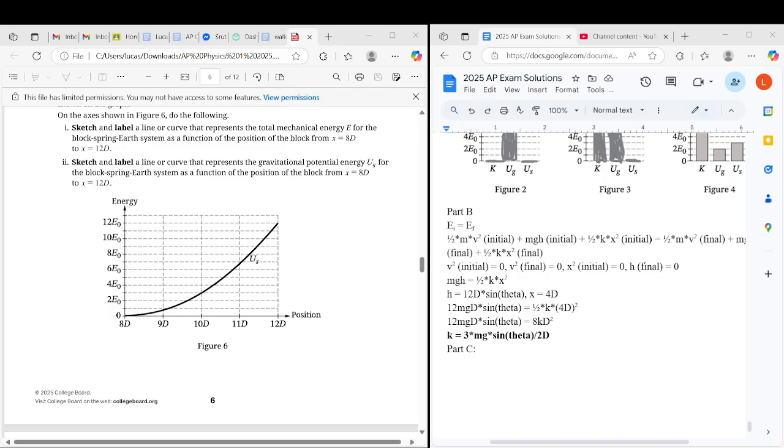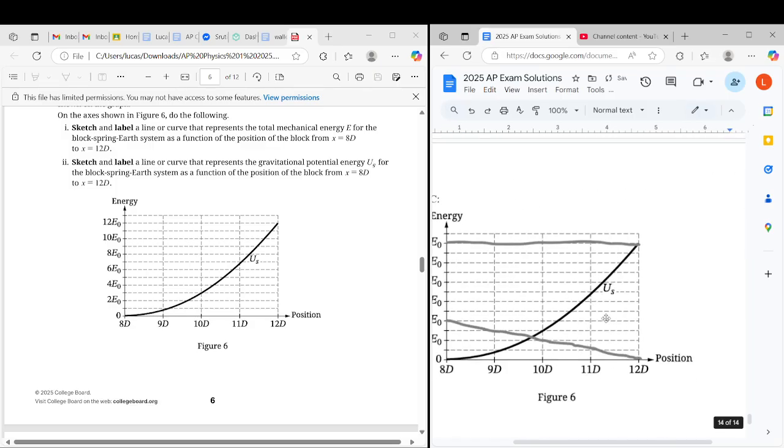Because of conservation of energy in this system, the total mechanical energy will just be a straight line at 12E0 because we know that's when all energy is. And the gravitational will just vary alongside the height. So it'll be 0 at 12d and then it'll go to 4E0 there. We can ensure that it's always going to be 12 and use it to find kinetic energy at other points.